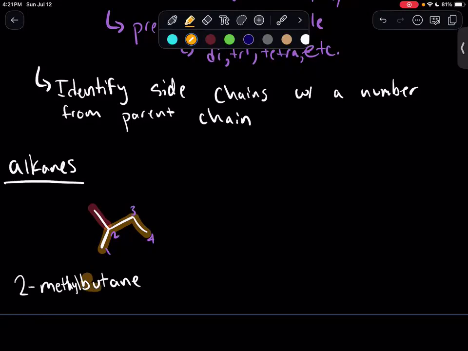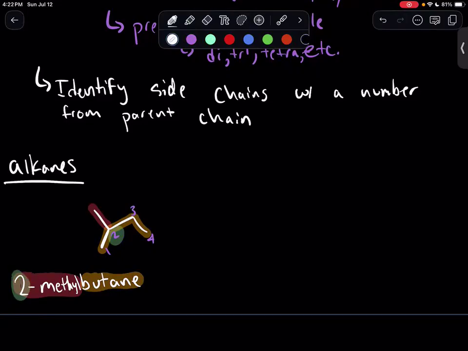I'm going to highlight relevant parts in the diagram. So this is 2-methylbutane, that 2 referencing that 2 right there. That 2 representing that 2. It's not too difficult to see where that comes from.